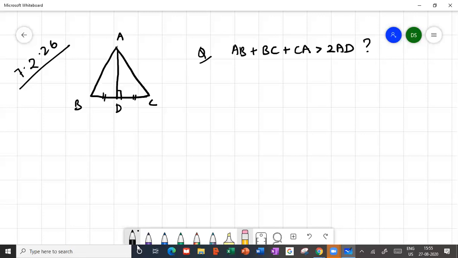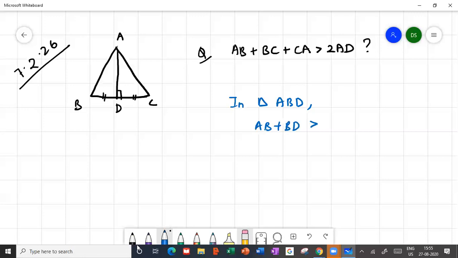We have to consider triangle ADB, and label AB plus BD greater than AD, equation 1. Then in triangle ADC, AC plus CD greater than AD, equation 2.